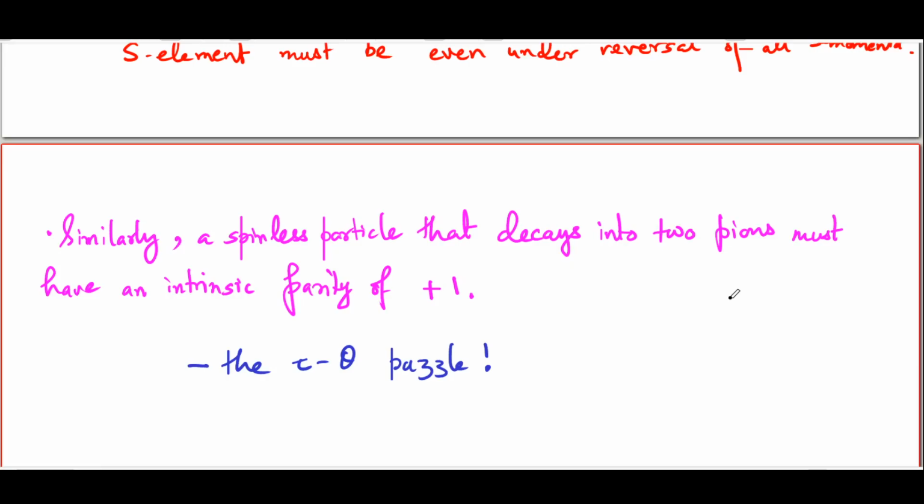So, the first one was given an intrinsic parity of minus 1, the second one an intrinsic parity of plus 1, according to this calculation. However, these two particles were found to be identical in all other respects. So these two particles, the tau and the theta, were a great puzzle for elementary particle physics.